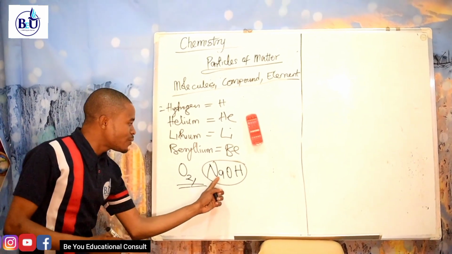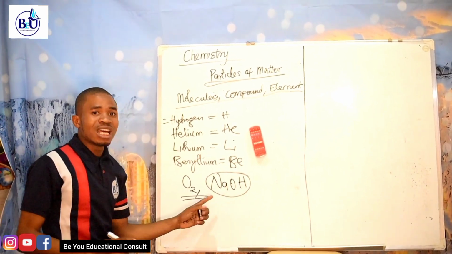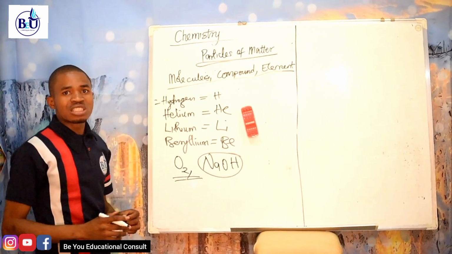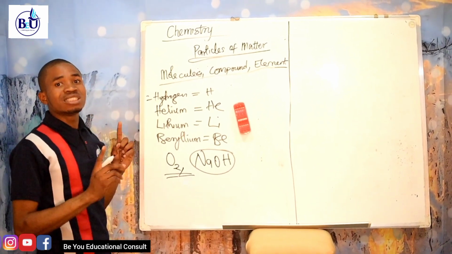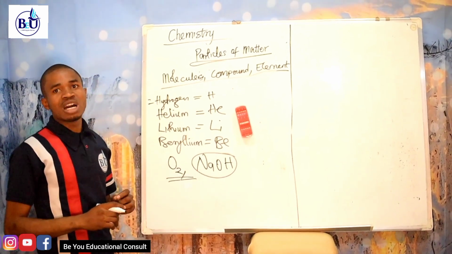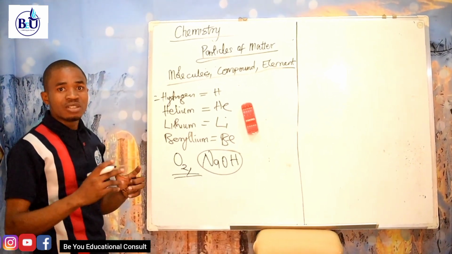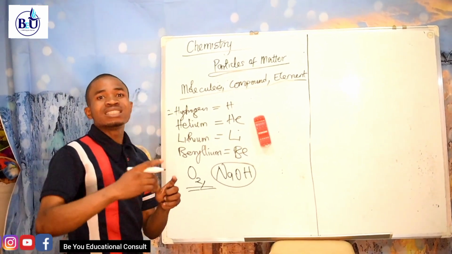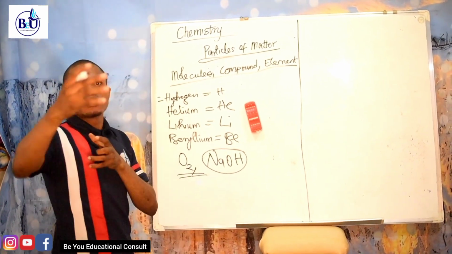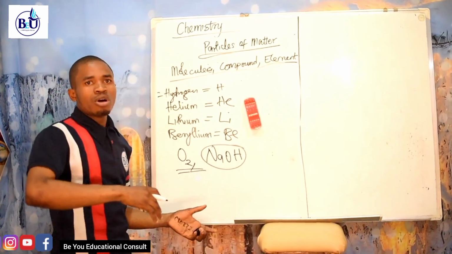This one is now different atoms of different elements coming together. Remember what I told you, that a molecule is the smallest part of a substance that can exist alone and still retain the chemical properties of that substance. That's two different definitions: it is either the combination of two or more atoms of the same or different elements.